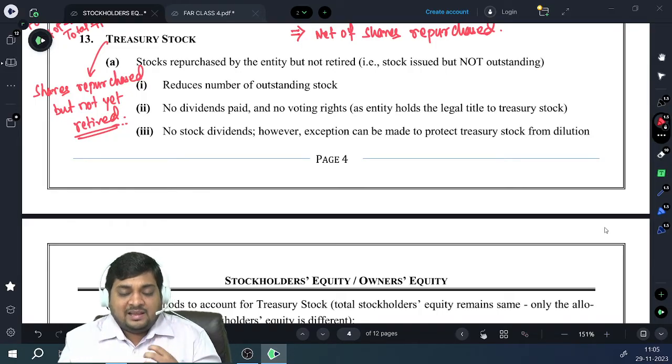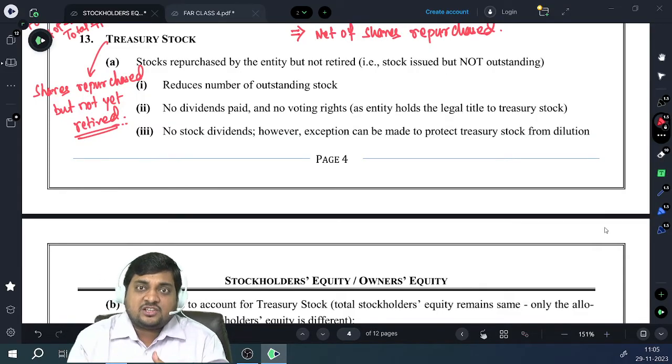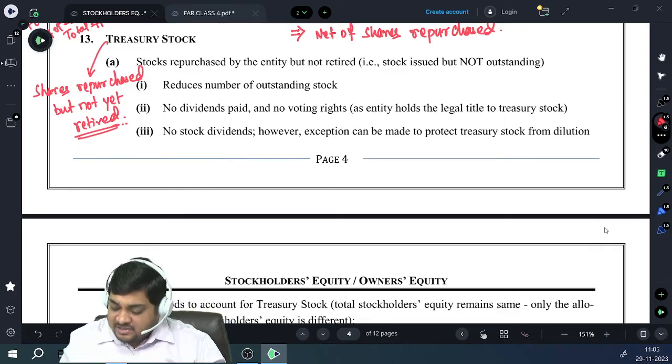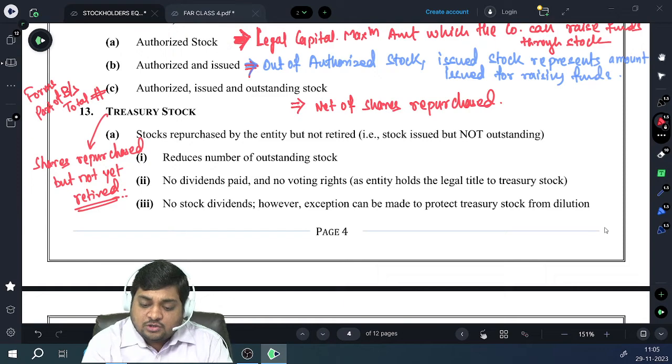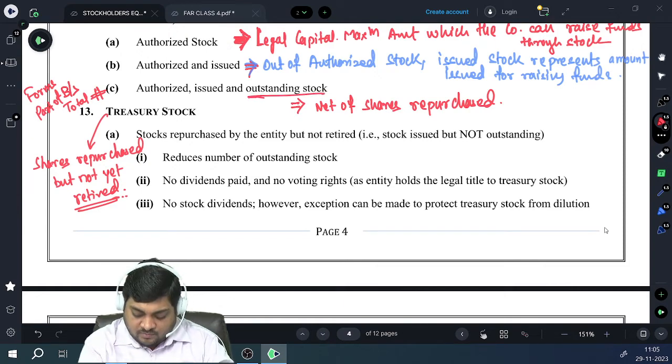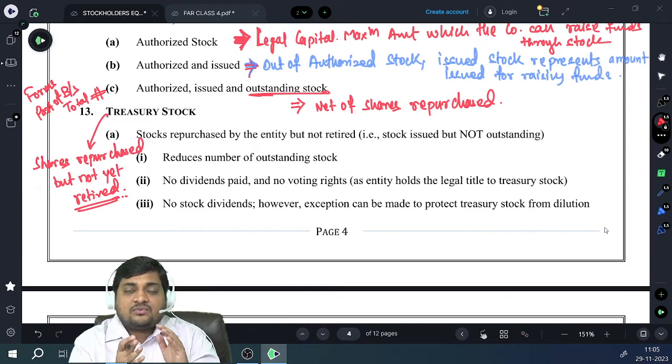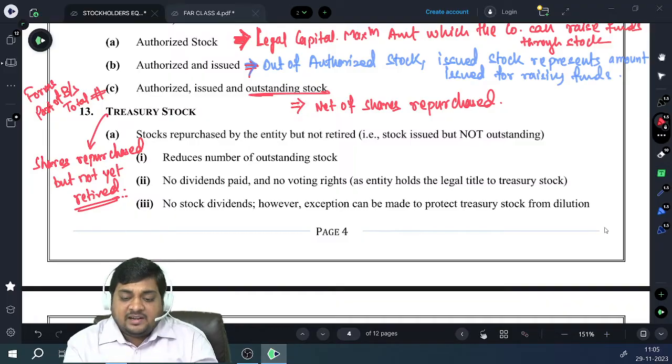So automatically, when the shares are repurchased but not yet retired, it means treasury stock. So in case of treasury stock, the number of outstanding will decrease, because I told you, even if you retire or you don't retire, your outstanding stock will reduce, right? If you retire it, if you buy back, then in that case the number of outstanding stocks is permanently reducing, right?